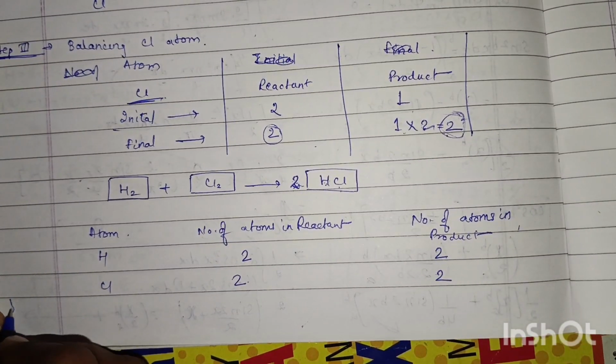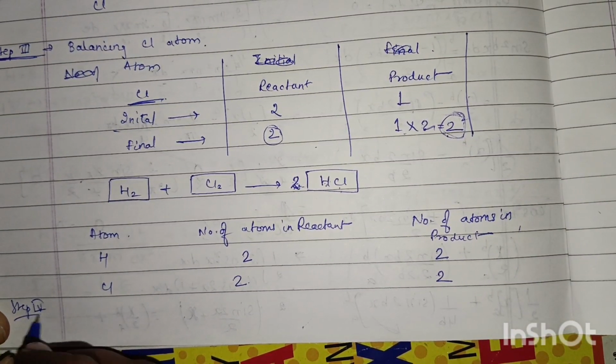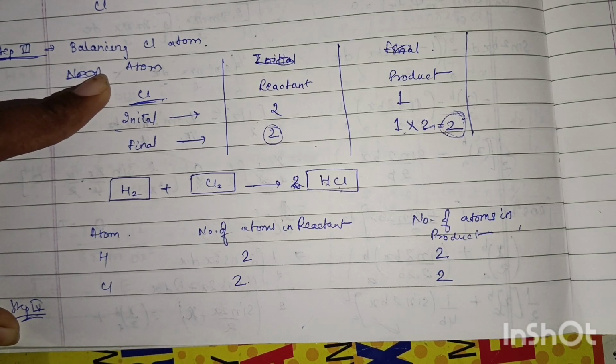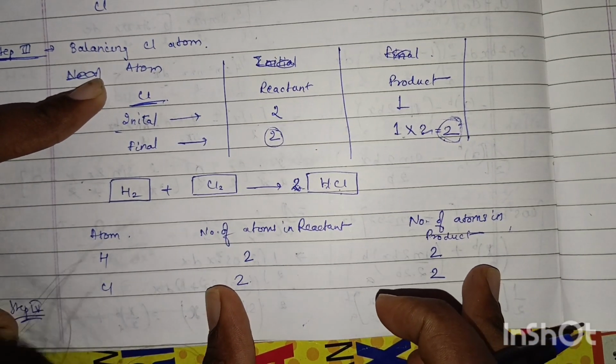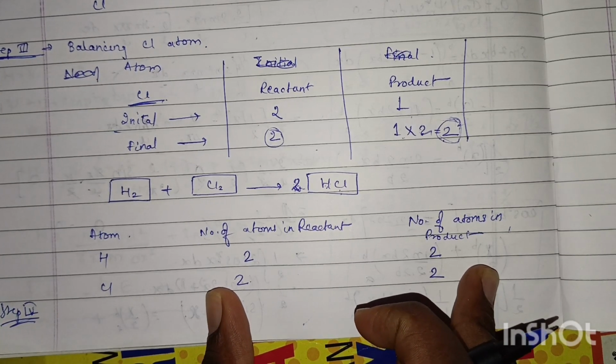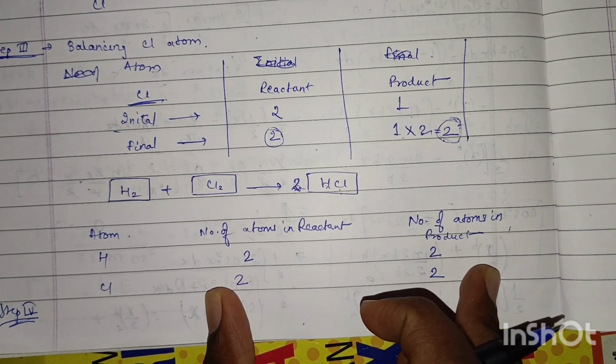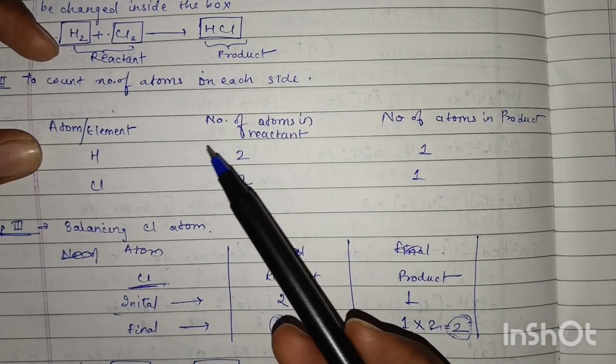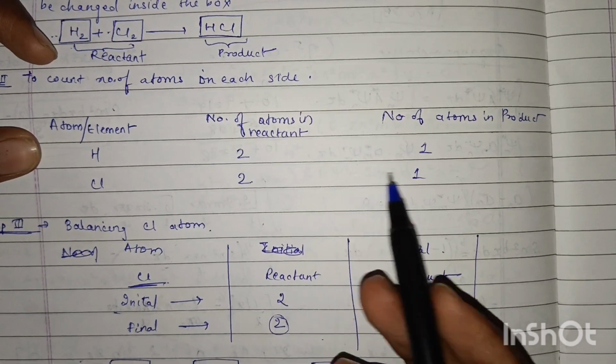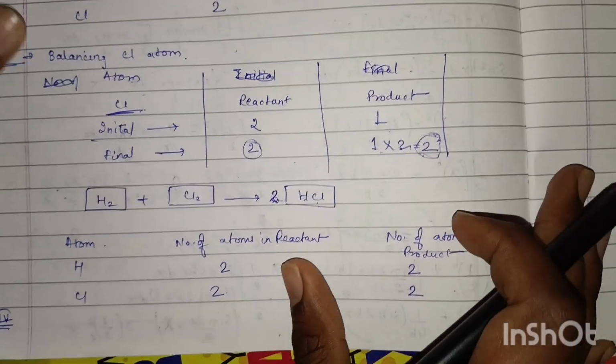Now, after balancing each atom, care must be taken to check that balancing one atom may change the number of atoms of a different element.